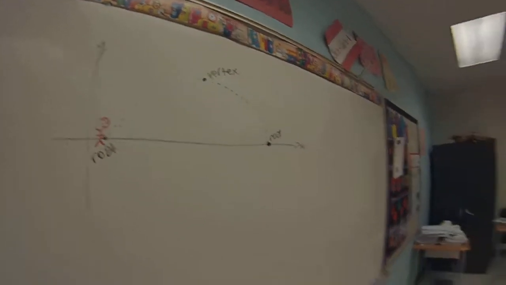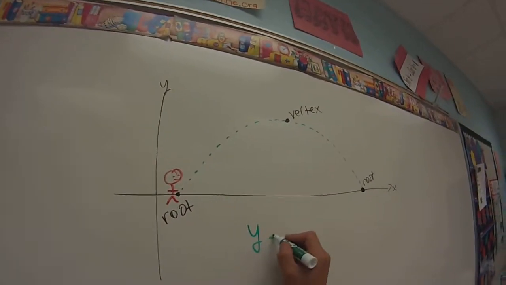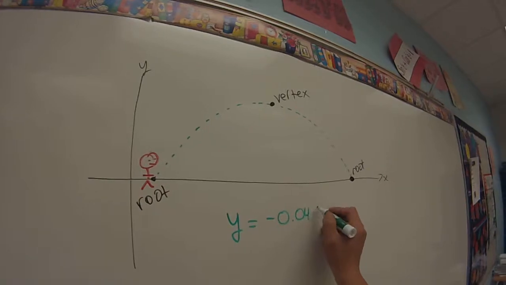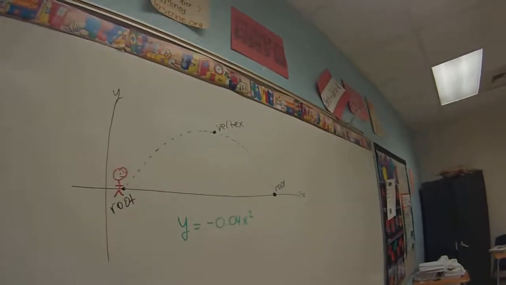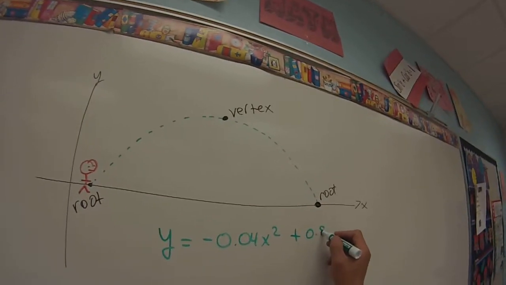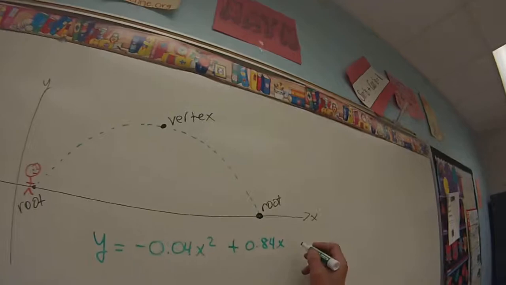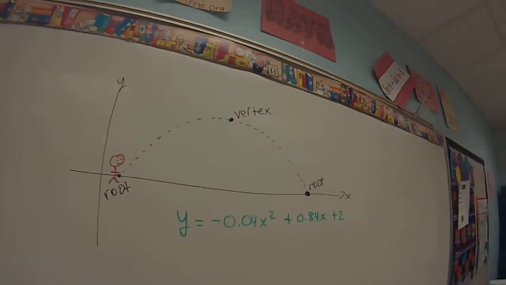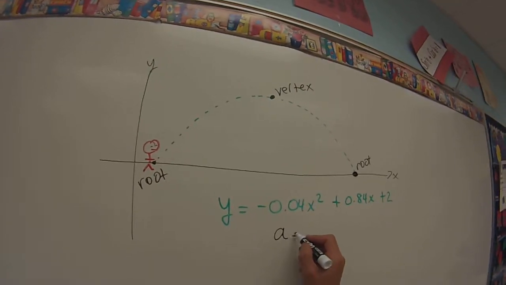There's an equation given to you in the problem: y equals negative 0.04x squared plus 0.84x plus 2. From the quadratic equation you can determine your a, b, c.